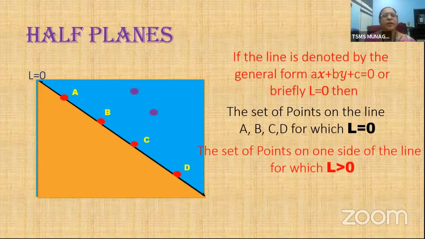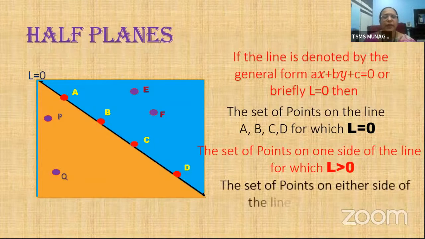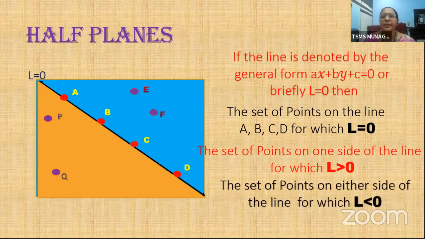On one side of the plane, if you substitute these points in L, you will get L greater than 0. If L is greater than 0, that is positive, then you will understand that those points are on one side of the plane.